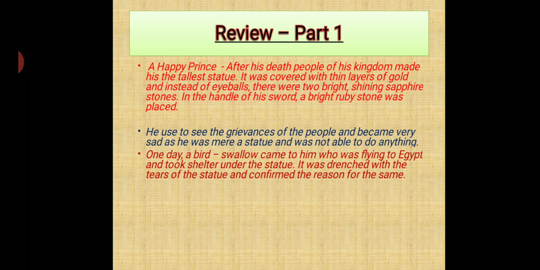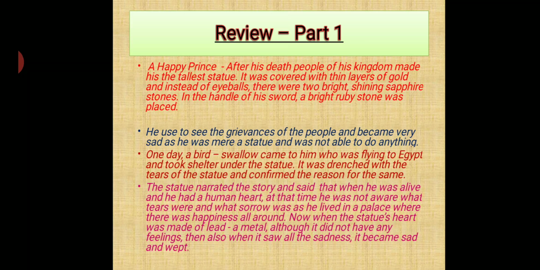One day a bird, a swallow, came to him, who was flying to Egypt, and took shelter under the statue. It was drenched with the tears of the statue and confirmed the reason for the same from the statue. The statue narrated the story and said that when he was alive he had a human heart, means the heart that breathed, that pumps.